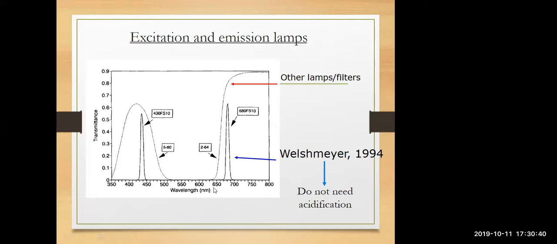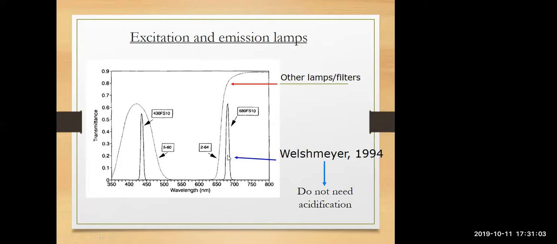This line shows the emission of the lamps and filters, and here is the sensitivity of the filters used by the Welschmeyer method.